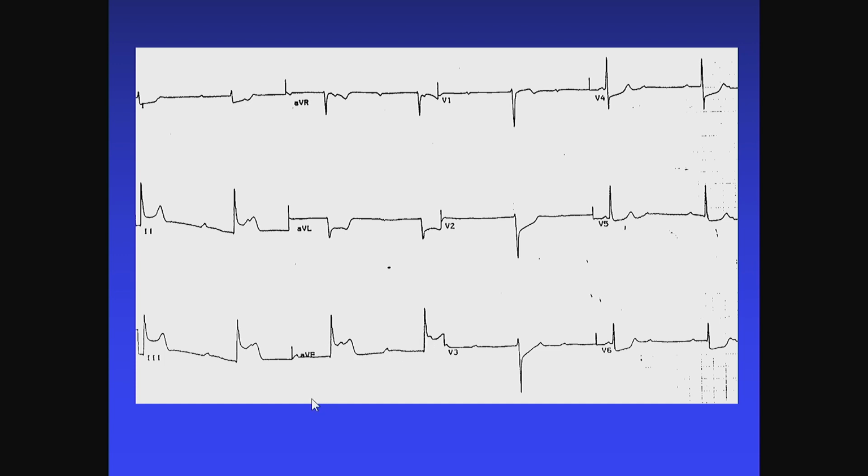In patients with inferior myocardial infarction complicated by heart block, this type of heart block can resolve over time with treatment and observation, and therefore a permanent pacemaker is not immediately indicated in this situation.